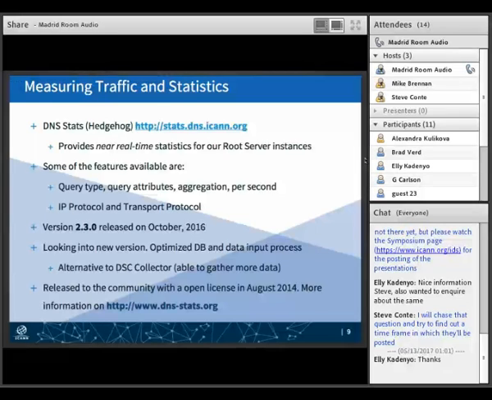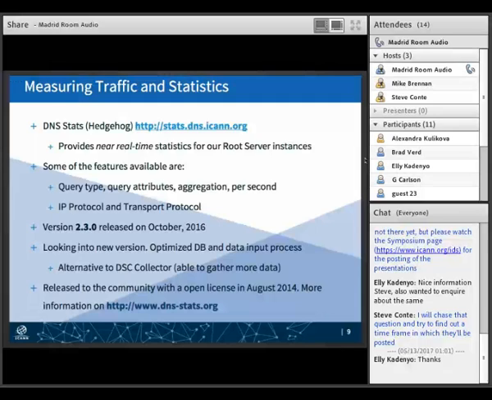Currently, we're using version 2.3.0, which was released in October last year. We're looking forward to having a new collector in the future, which will be able to gather more data. This software has been funded by ICANN and is currently written by the people from Sinodun, and they're going to speak later about CBOR.